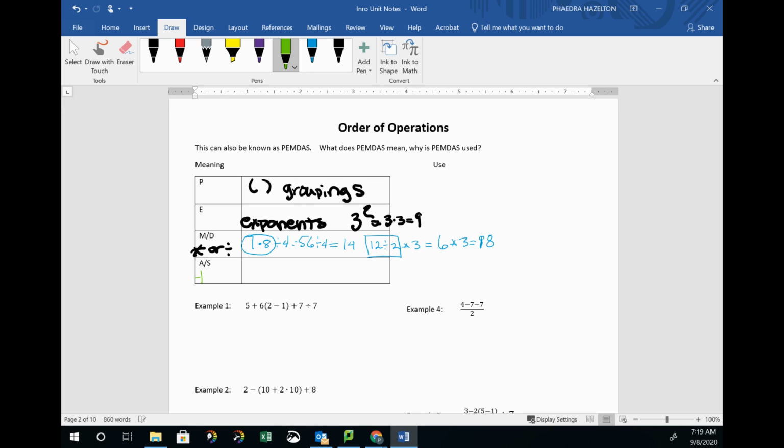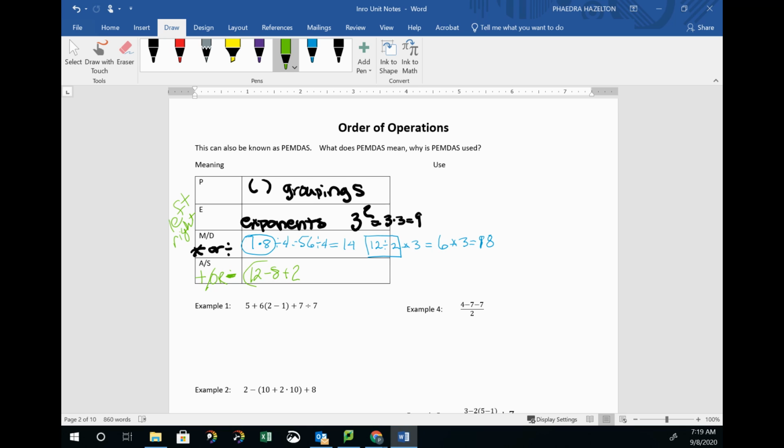And then we're going to add and subtract. That's the next one. You're going to add and subtract from left to right. And these are always left to right, always, because that's how we read, left to right. So this would be 12 minus 8 plus 2.